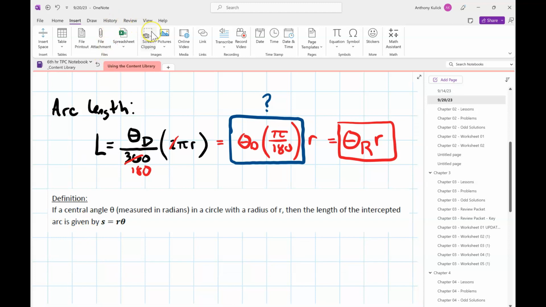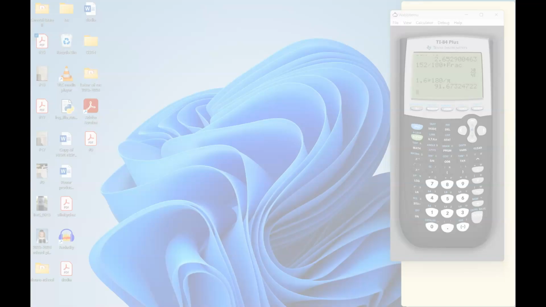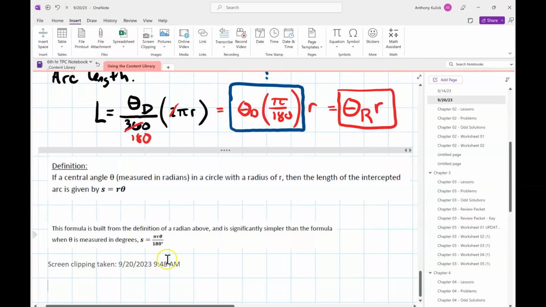And just as a reminder, our degree version that we built from was that guy there.